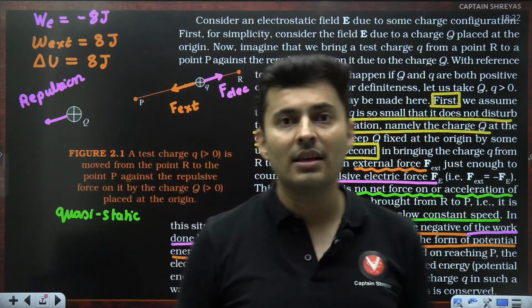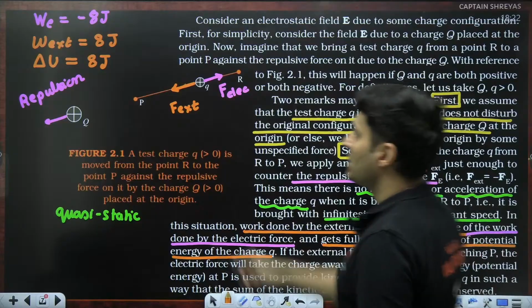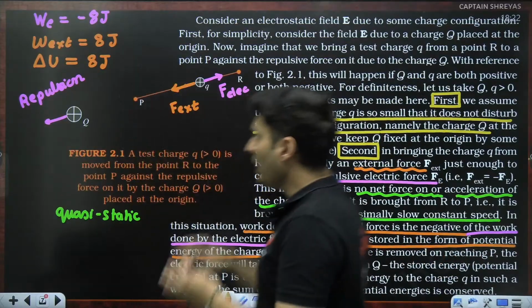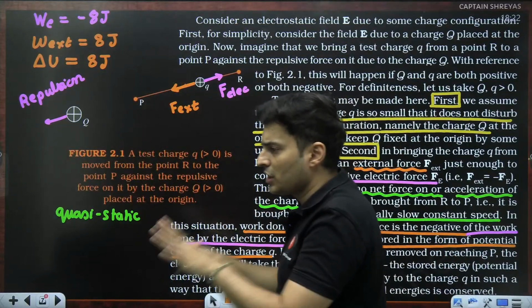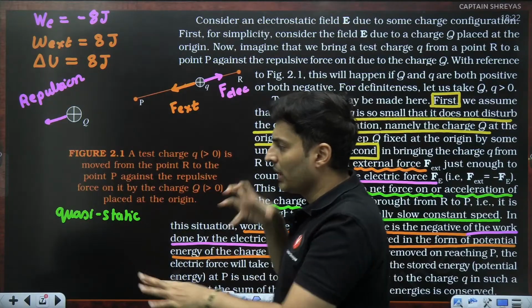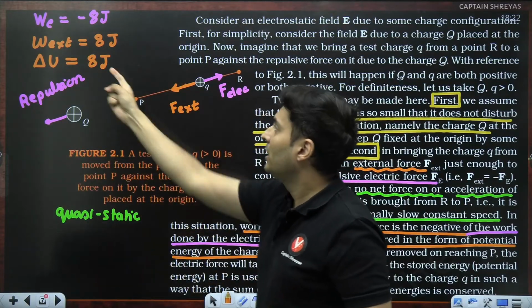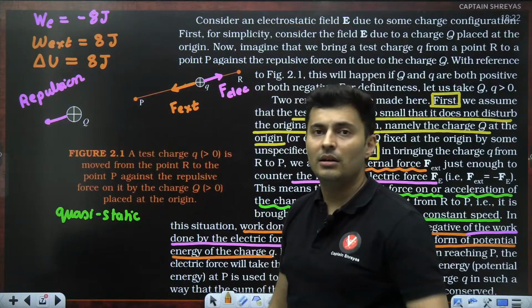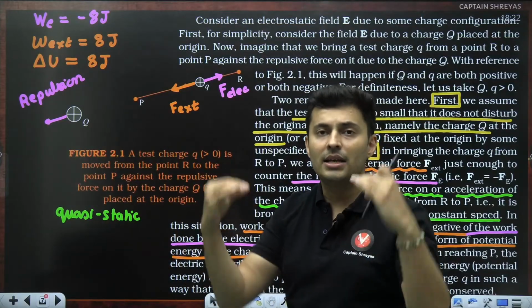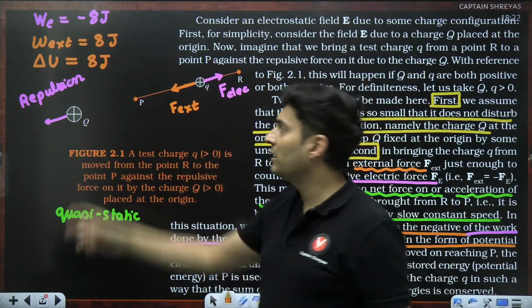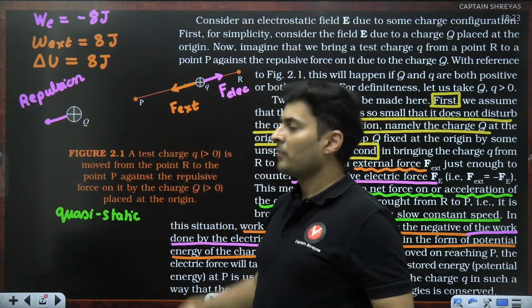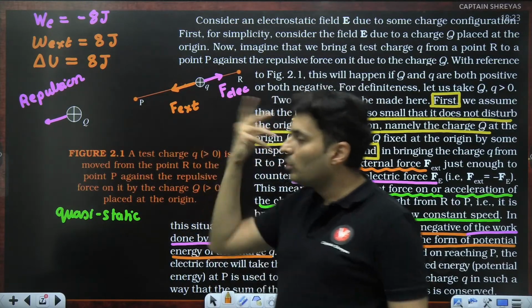That's what it says. Agree or disagree? Did you understand it with this example? I am pushing this charge. I am doing 8 joules of work. Whatever work I do will get stored in the charge system, and that increase in the potential energy which is stored is 8 joules.